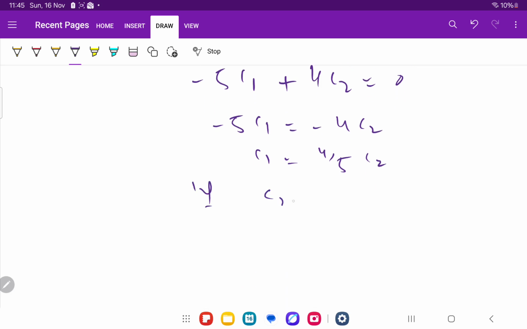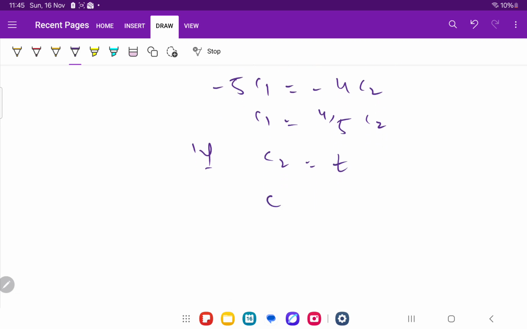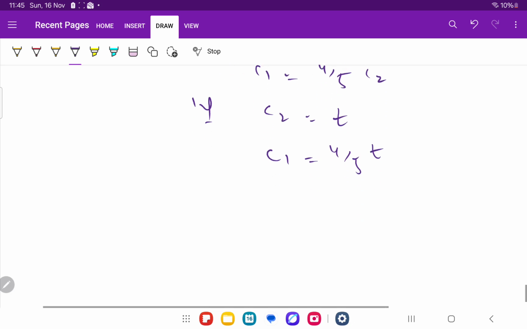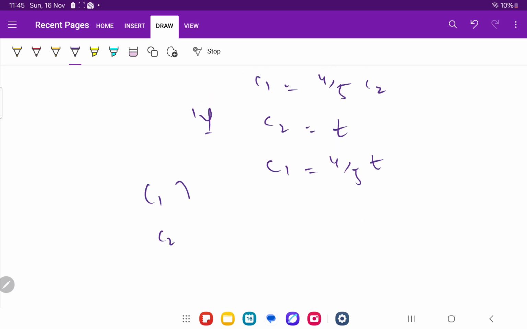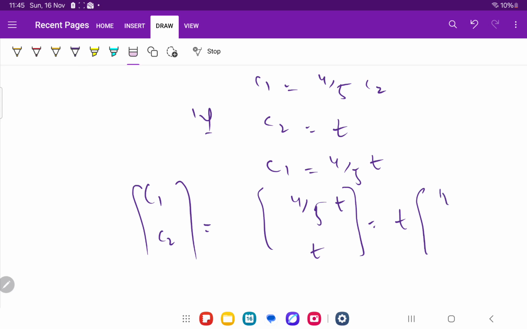If C2 is equal to T, then C1 is equal to 4 by 5 T. So it means that C1 and C2 equal to 4 by 5 T and T. So the answer is T outside, 4 by 5, 1. So that is the second eigenvector.